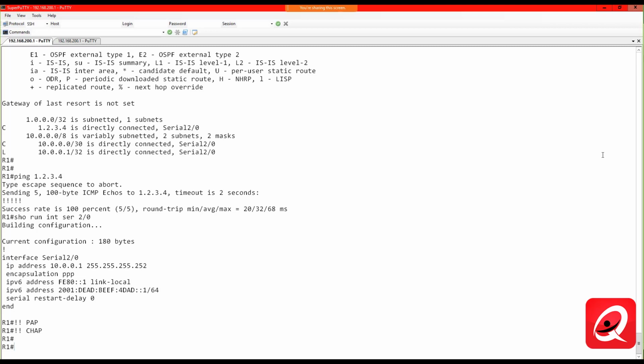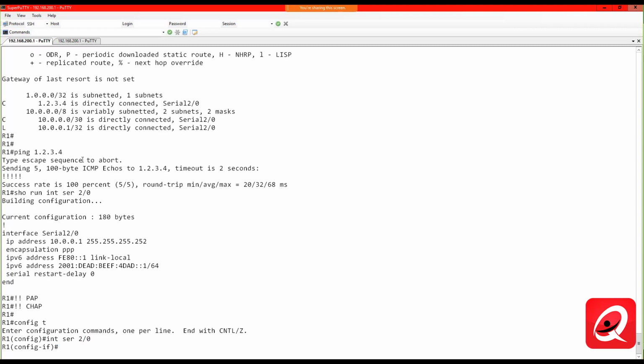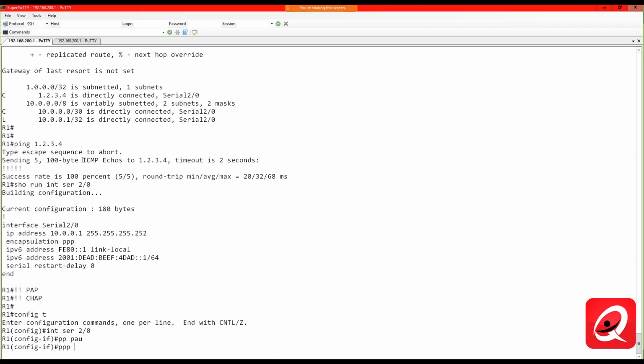All right, let's go through the process. Let's say I want R1 to authenticate R2. The first thing I'm going to do is go into the interface and specify the authentication method we're going to be using, which is PPP authentication.